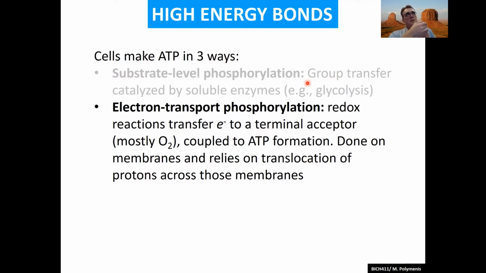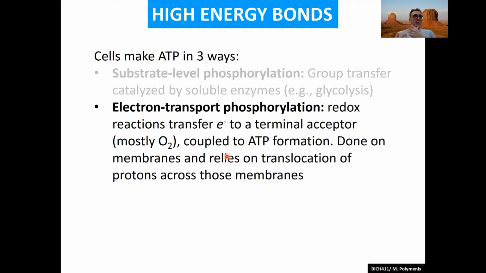And in a sense, they couple movement of electrons to a terminal acceptor to the charging of a battery. So you have a voltage difference between the two sides of the membrane, the outside from the inside. And when you have a charged battery, as we saw in the previous video, you can do work. You can couple that to actual work, and that's how they make most of their ATP.